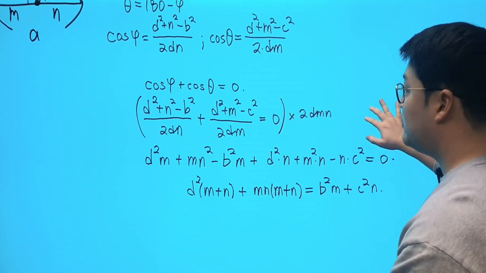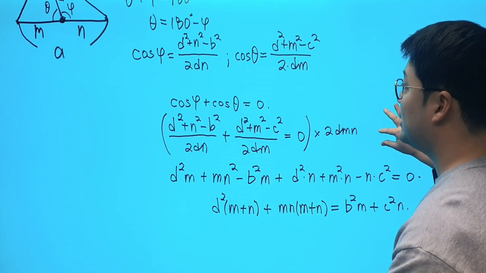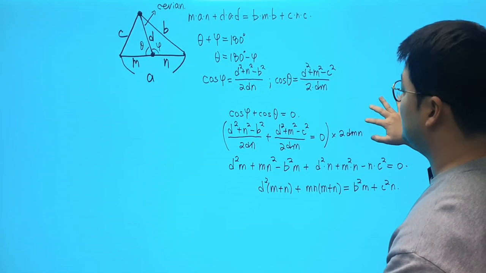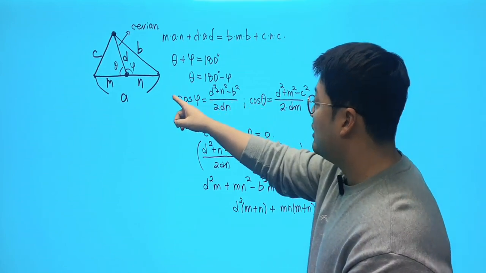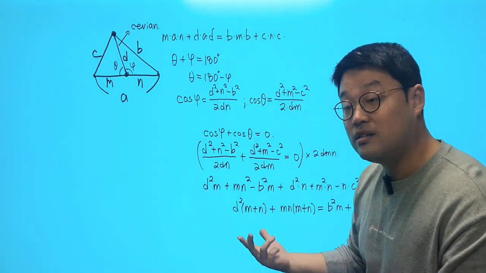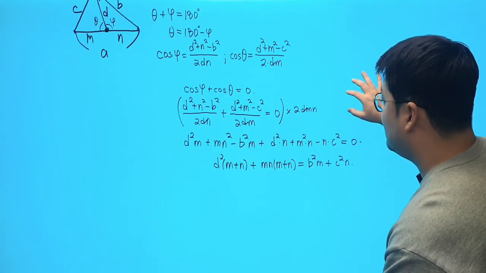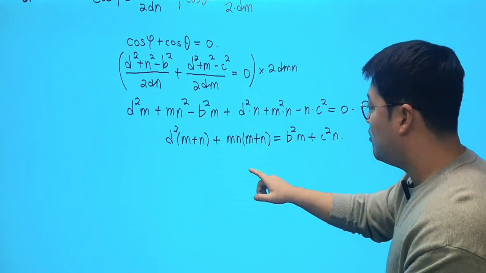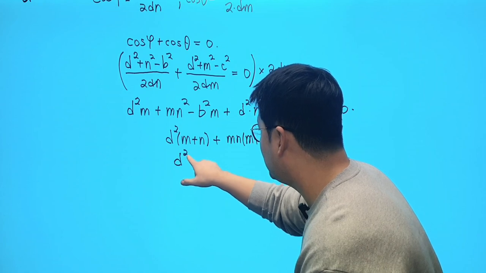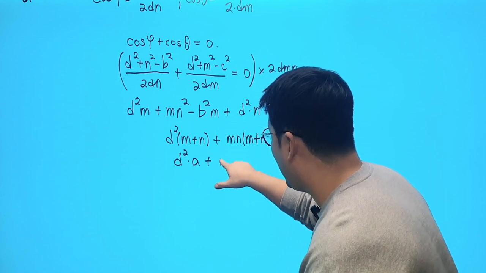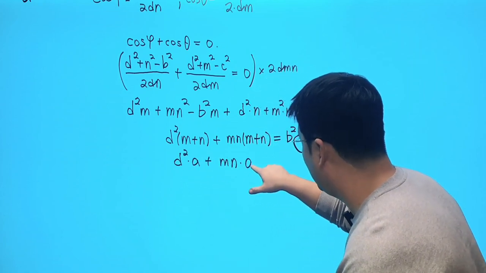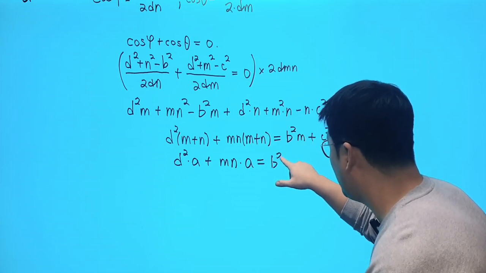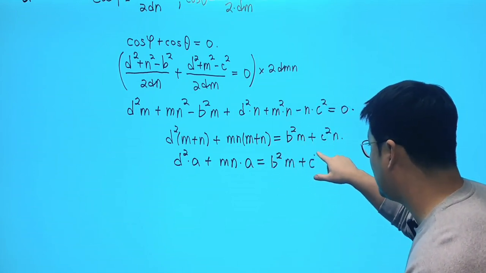So we can rearrange all of these. And by the way, from our picture, you can check that m plus n turns out to be a. So we get d squared times a plus mn times a, which equals b squared m plus c squared n.